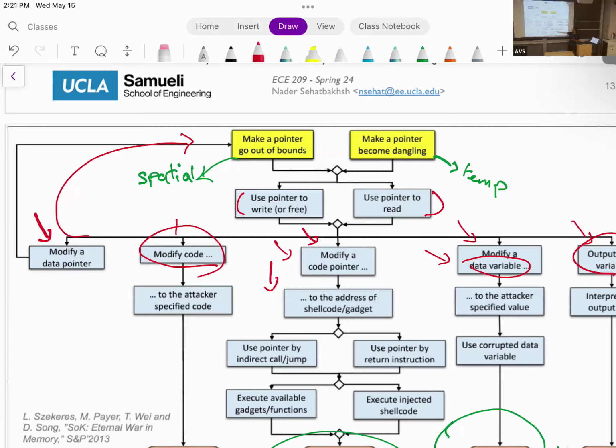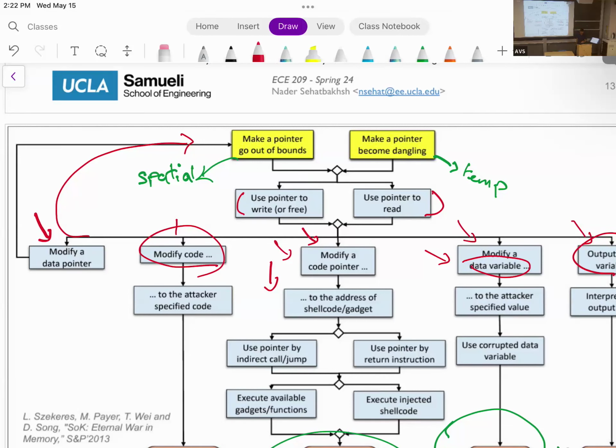Or I can just run some part of the same code system, and this is typically what we call return-oriented programming, or ROP, which you probably have seen, and in my past course we talked about extensively. Essentially, you don't necessarily want to inject something into the memory, but there are enough interesting things in the memory itself that you want to just reuse them.